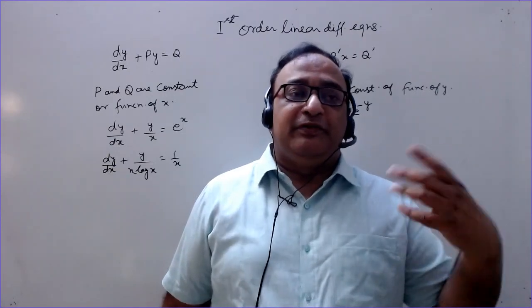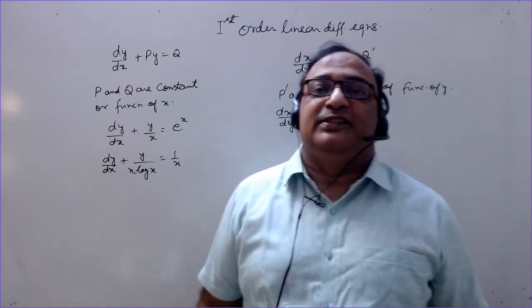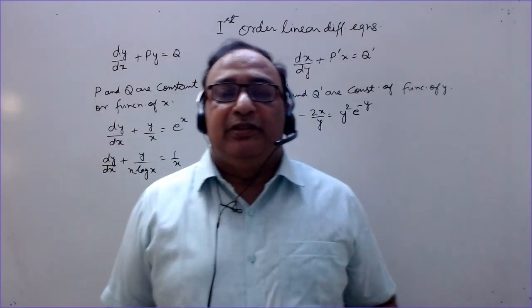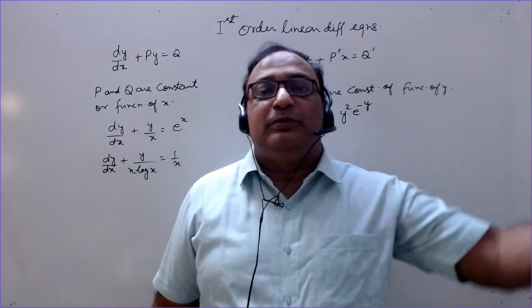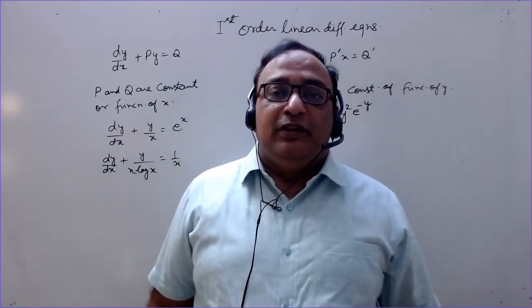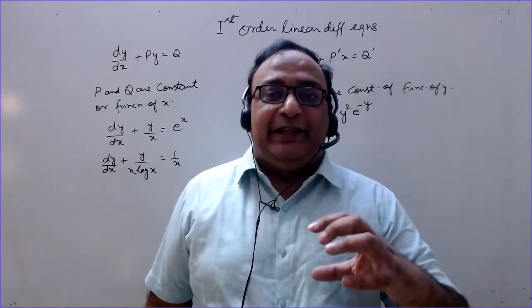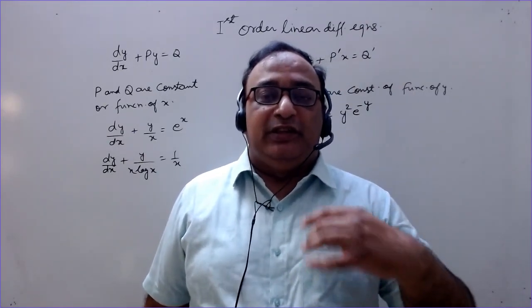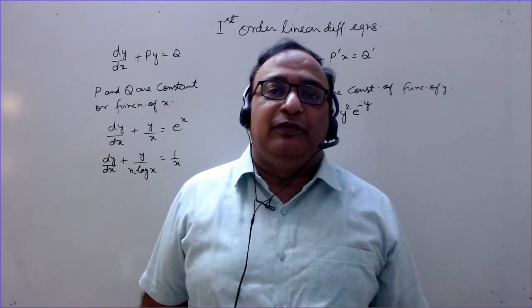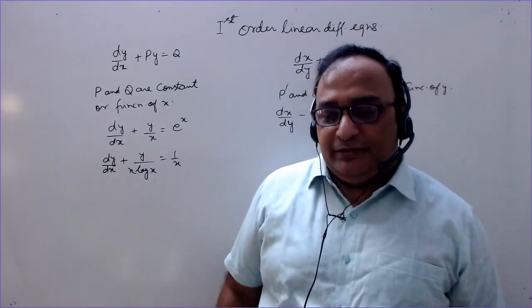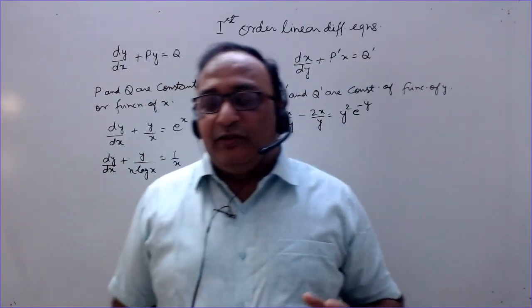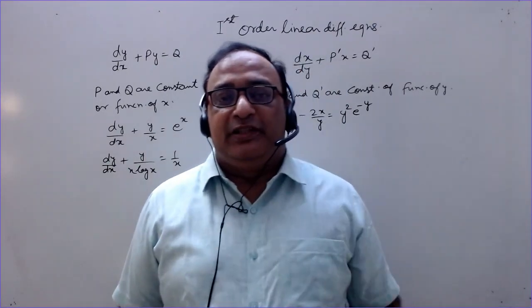Then we have other differential equations which we will be studying in the higher classes, like exact differential equation. So there are equations which are reducible to exact differential equations. So there we have to use some technique so that this equation that we are going to solve is reducible to that form, otherwise we cannot solve it. So here we are discussing only the direct type of differential equations.